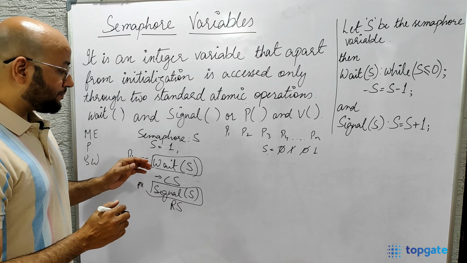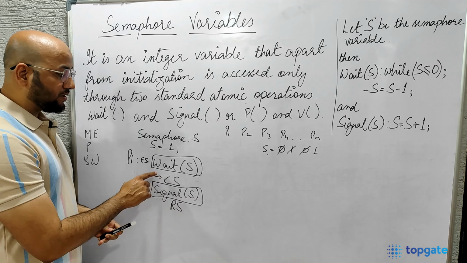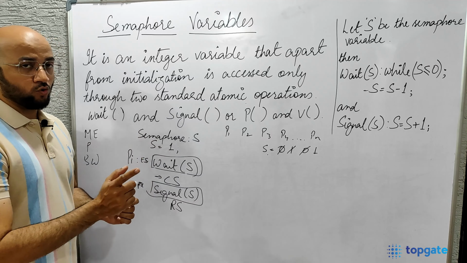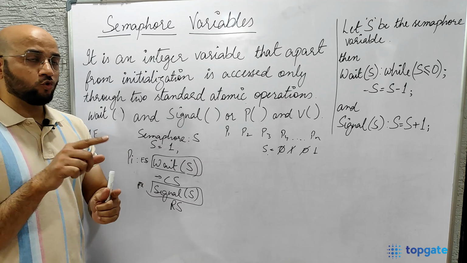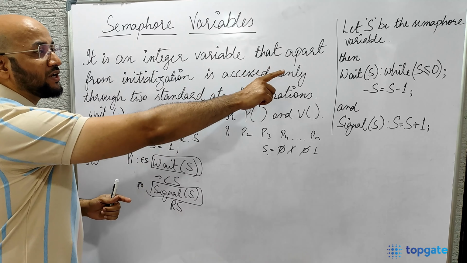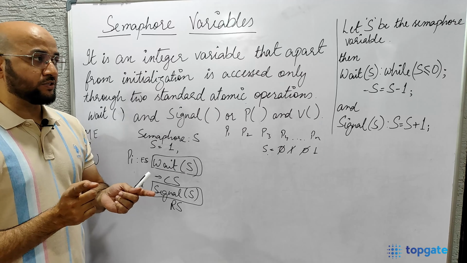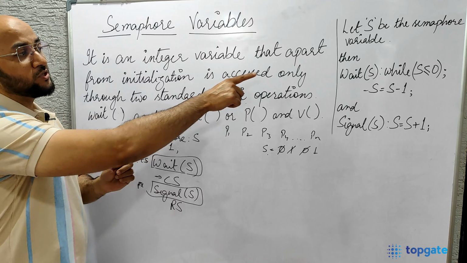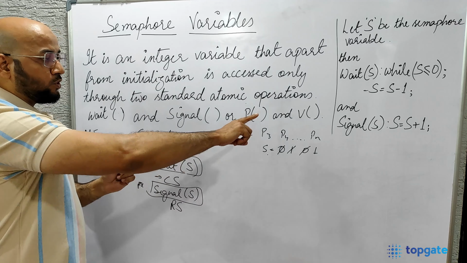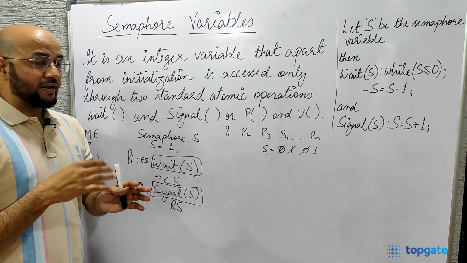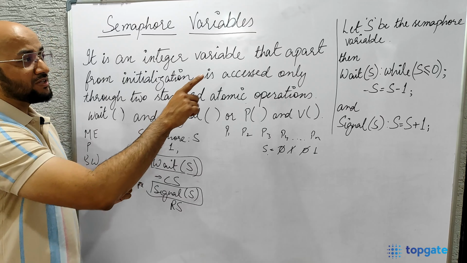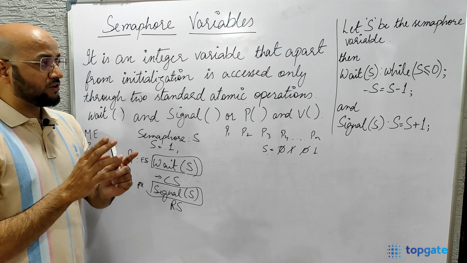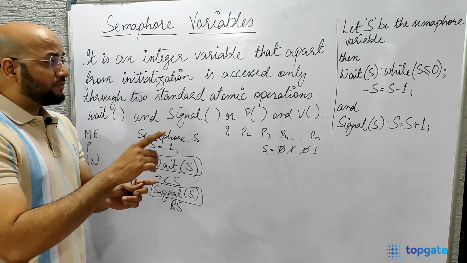Why? Because the process that went to the critical section will set the value of S from 1 to 0, and any other process that wants to go to the critical section will first check the value of S. If it finds that the value of S is 0, it will be stuck in the while loop. So all the processes trying to go to the critical section will check in the while loop what the value of S is. If they find the value of S is equal to 0, they will be stuck there.